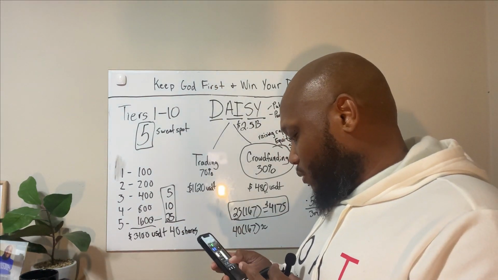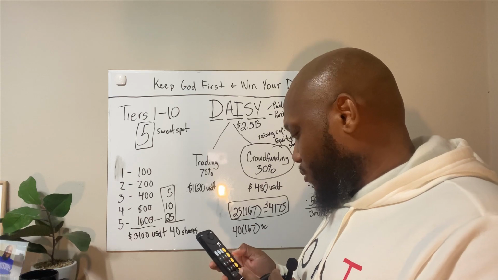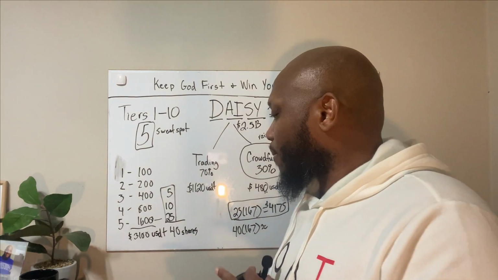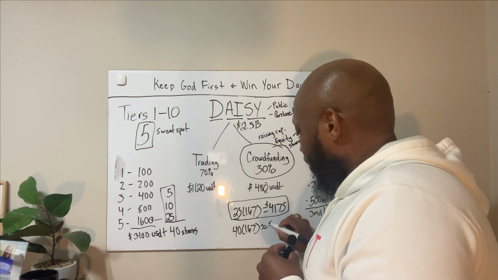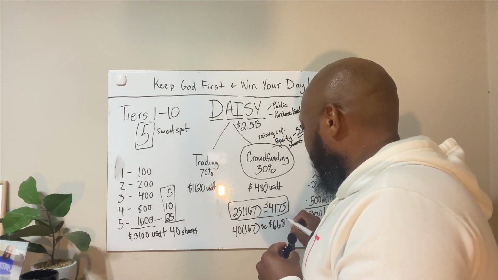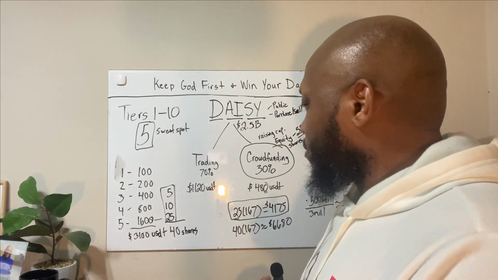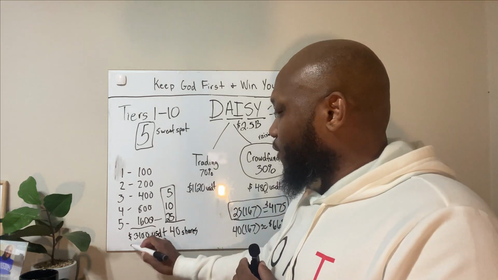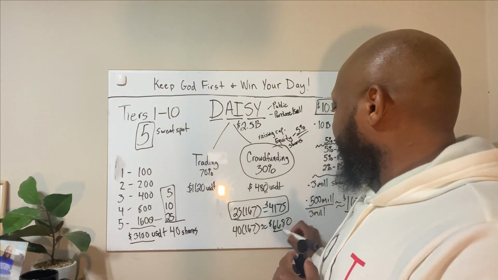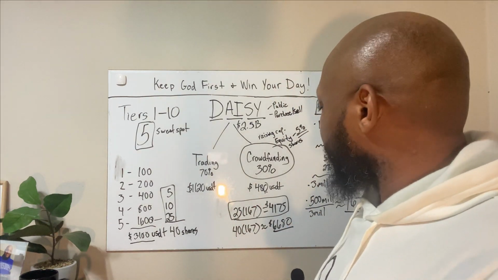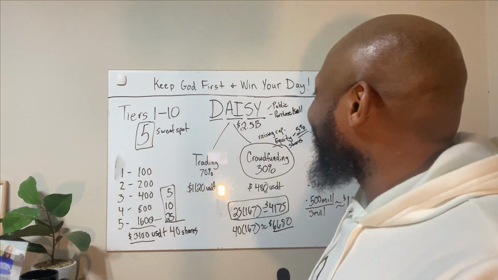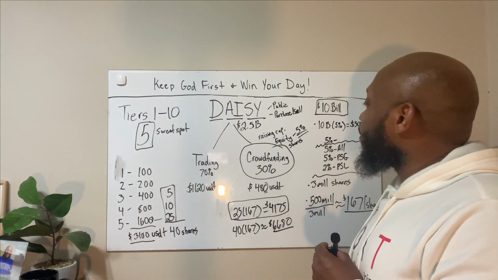So let's just do it like this. 40 times 167. That's $6,680. Okay, so to get all these shares, your investment was a total of $3,100, and you've doubled this based off these assumptions. All right. Isn't that pretty cool?